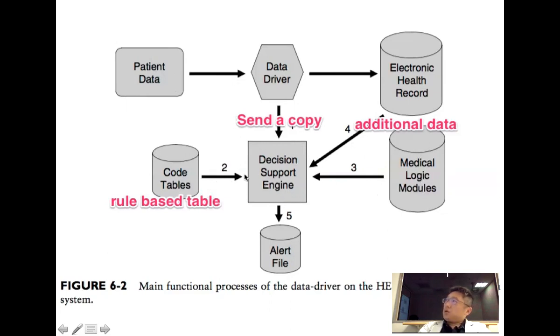They also need a way to call back the electronic health record. For example, when we are checking the creatinine level of a patient, normally if the patient has twice the creatinine level of normal people, it will create an alarm.